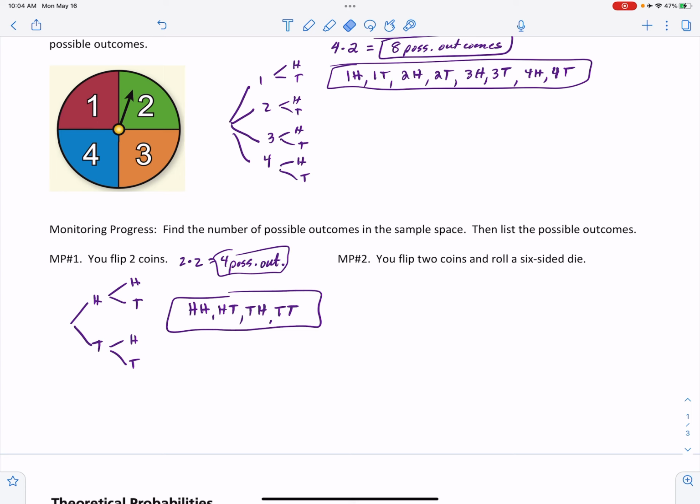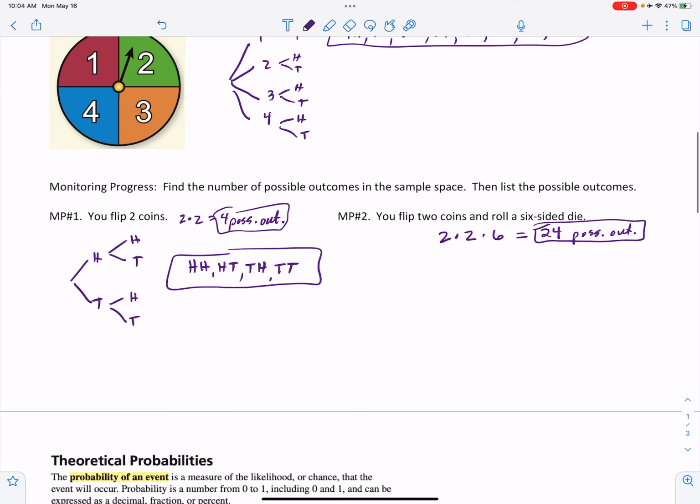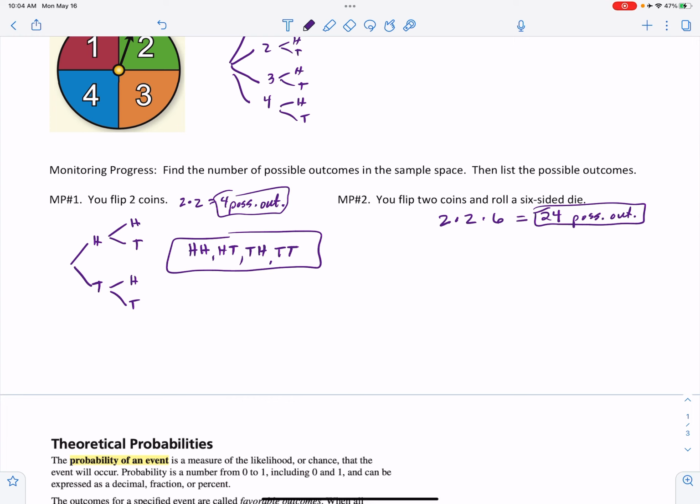Monitoring progress number 2, you flip 2 coins and roll a 6-sided die. So this one, you flip 2 coins, and so there's heads or tails on the first, heads or tails on the second, and then a 6-sided die. That is going to be 24 possible outcomes. And so you need to be careful that you have a method so that you don't miss any.